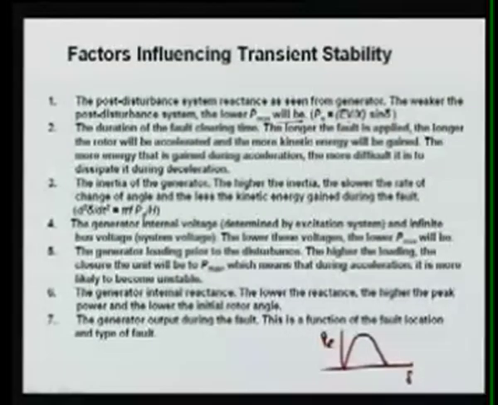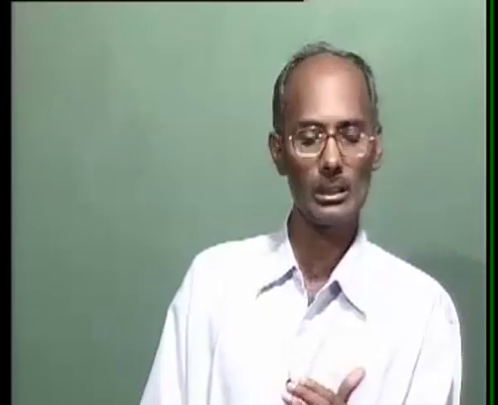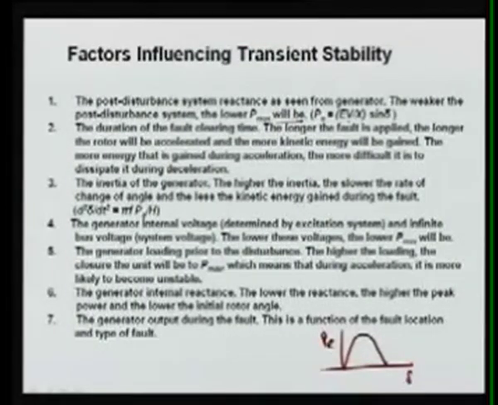It is not possible to reduce X, because either you trip the line or the system stays intact. If the line is tripped, your reactance will increase, Pmax will decrease and your margin will be reduced. So if the post-disturbance system is weaker, there is a lower Pmax, and it influences your post-fault system.